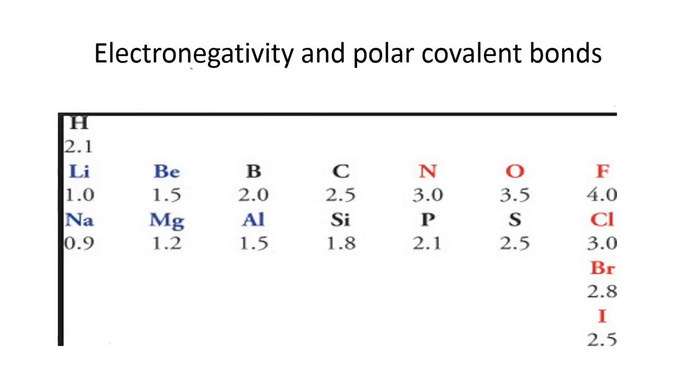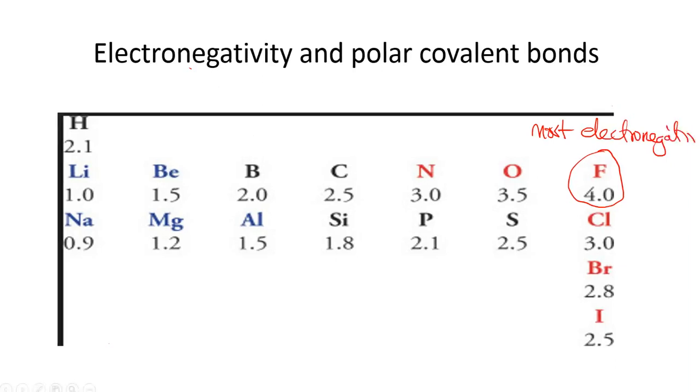But before we go there, let me just show you something. If you look at fluorine here, fluorine is the most electronegative atom on the periodic table. It is followed by oxygen. These two are the most electronegative, fluorine and oxygen.